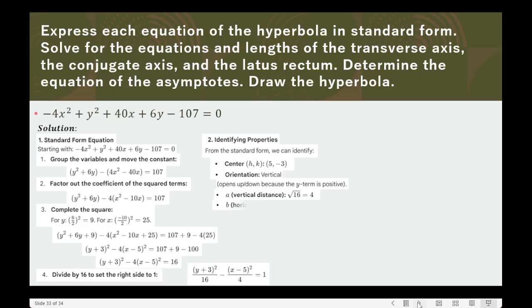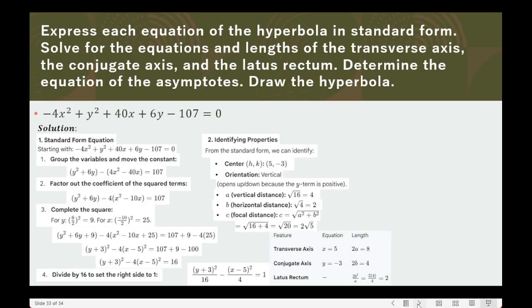I think that is your a. And b is the horizontal distance, the square root of 4, which is equal to 2. The focal distance, c, can be determined using this formula: c equals the square root of a squared plus b squared. Substituting the values of a and b, it follows that c is equal to 2 square root of 5.